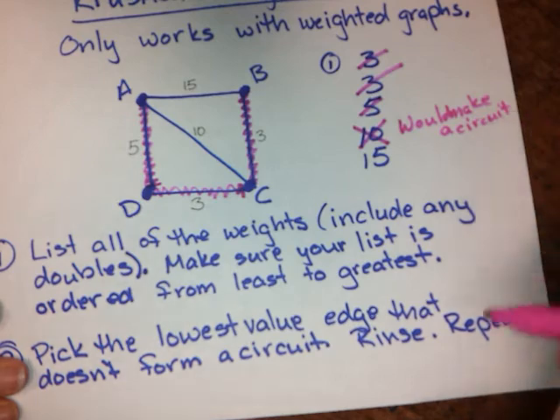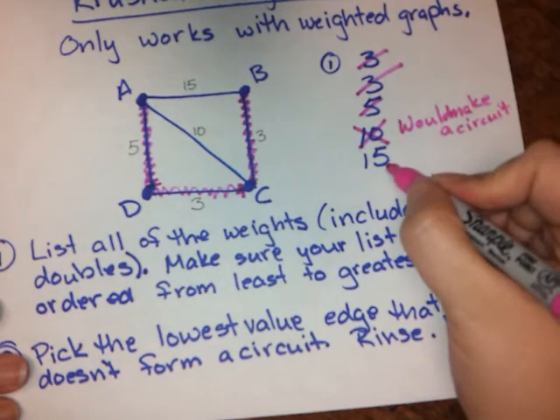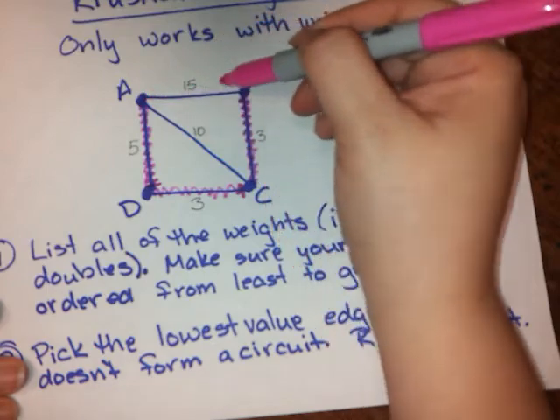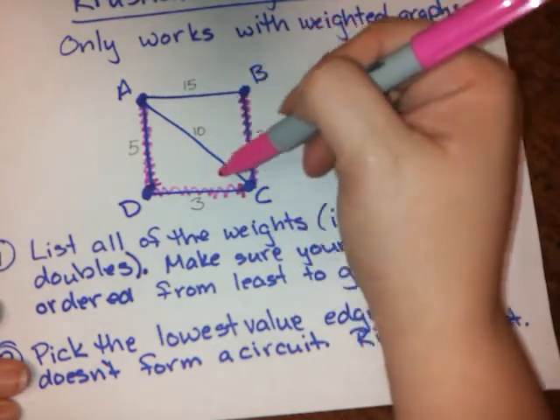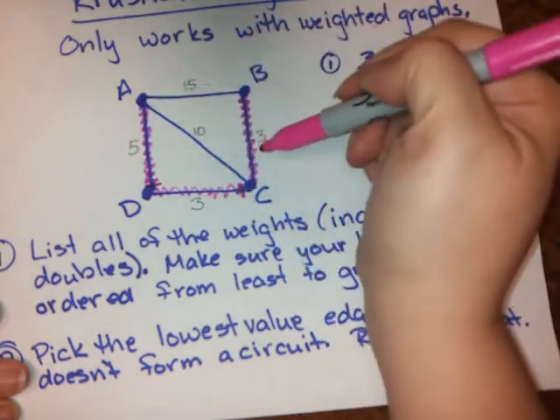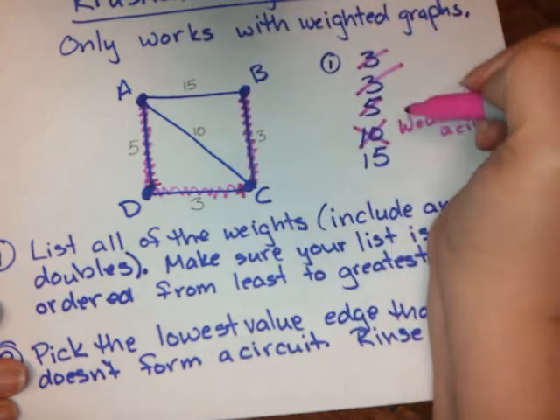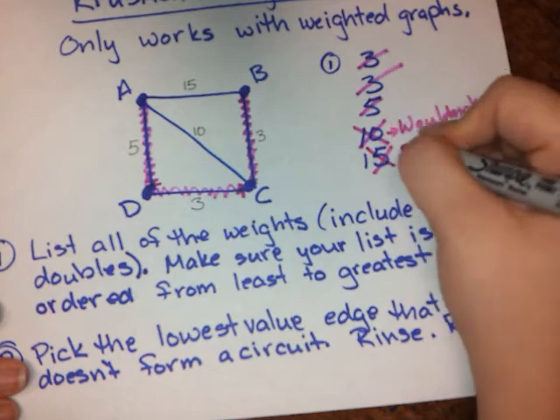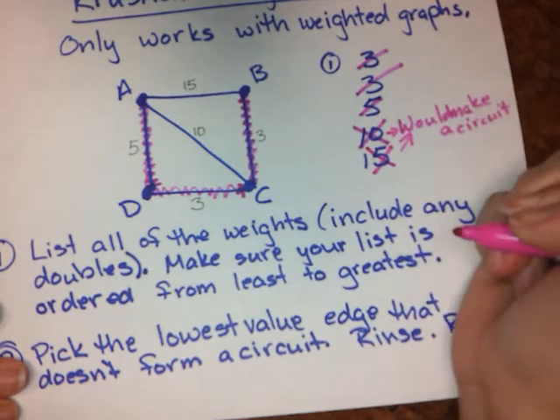Okay, so now what's left? I've got a 15. That's the lowest one left. If I colored in 15, that would make one big circuit, this ABCD circuit. So I can't color in 15. That's not part of my spanning tree. And both of those are for the same reason, because it would make a circuit.